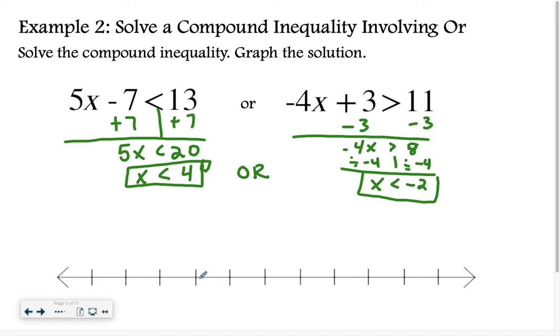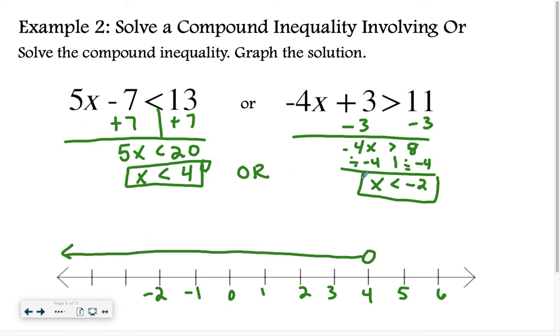Now I'm going to write a number line: negative 2, negative 1, 0, 1, 2, 3, 4, 5, 6. If x is less than 4, that's an open circle at 4 going on and on in this direction. Then x is less than negative 2 would be an open circle going like this.